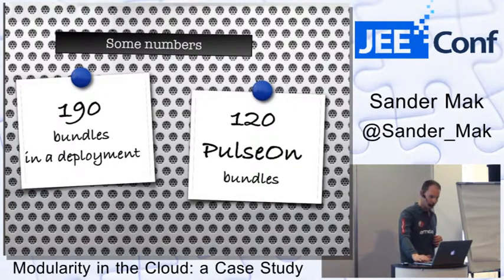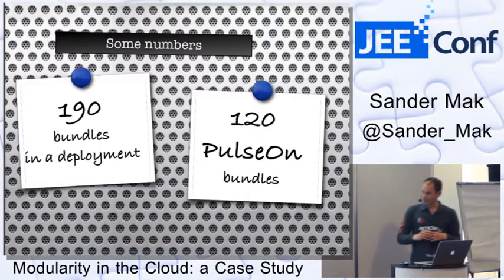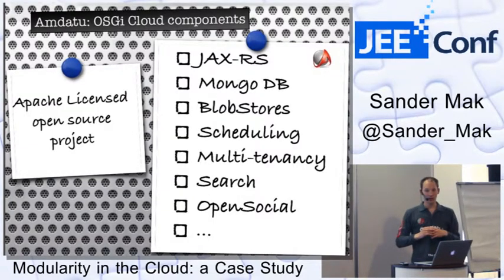So, these external dependencies that I talked about, they're not just other jars, they're also bundles coming from the Amdatu cloud platform. It is an open source project that we started when we found out that, okay, we want the benefits of an OSGi based architecture, of a modular architecture.